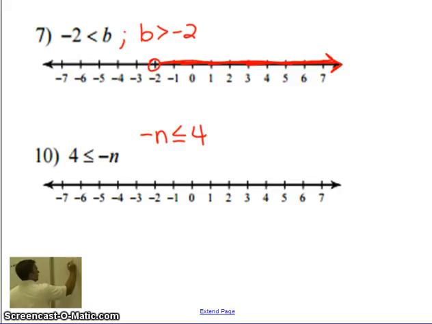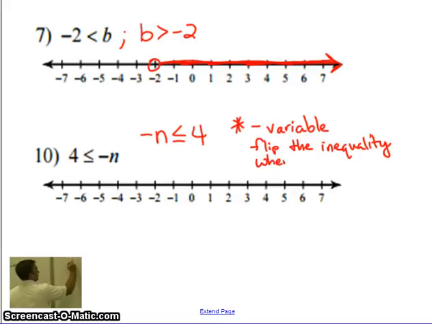If it's a negative variable, we're going to flip the inequality when we divide by a negative.